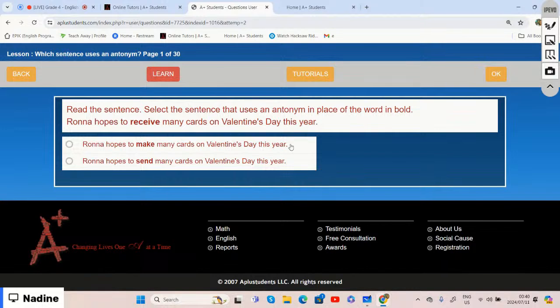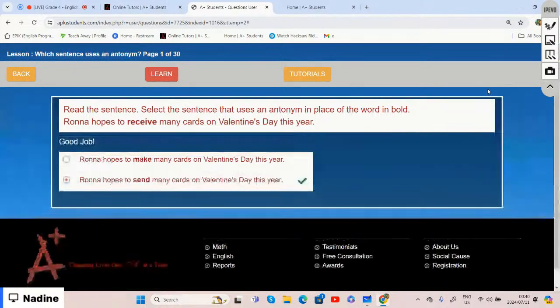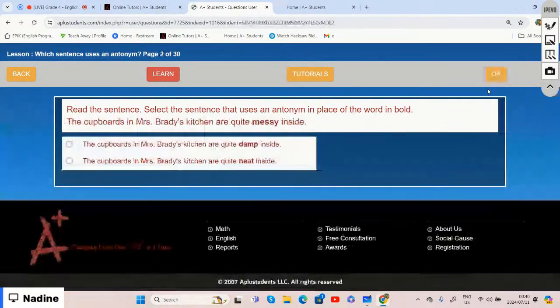If we were to choose our correct sentence which uses an antonym, it's option two. Rona hopes to send many cards on Valentine's Day. Well done. Option two is correct.